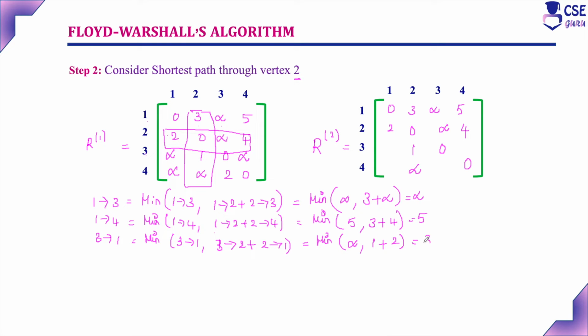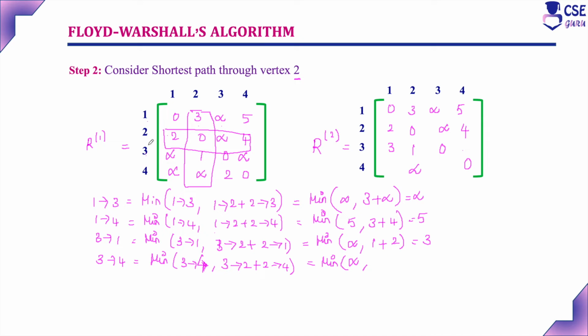So, we will get it as 3. Next, we need to find 3 to 4. Minimum of 3 to 4 through the vertex 2. So, 3 to 2 plus 2 to 4. So, 3 to 4, already the distance is infinite, comma, 3 to 2.